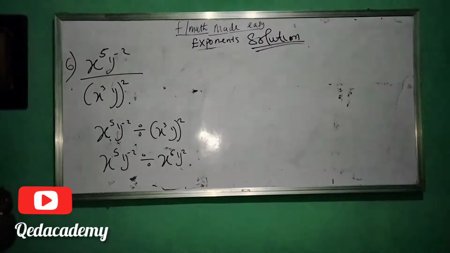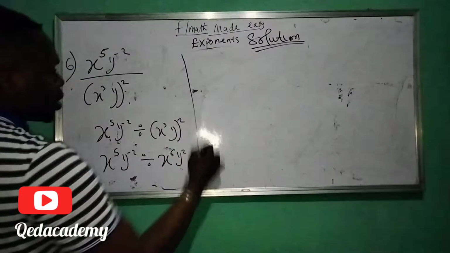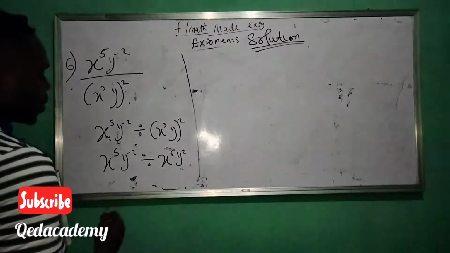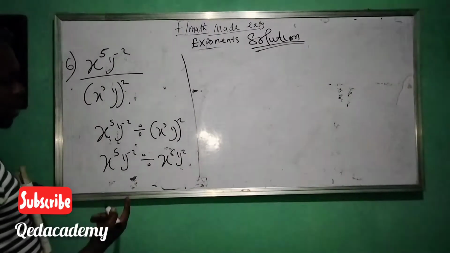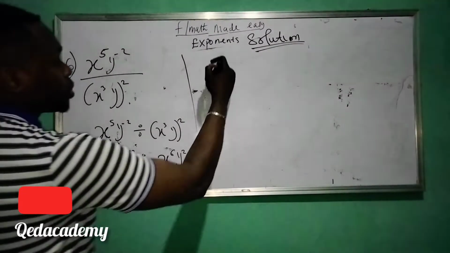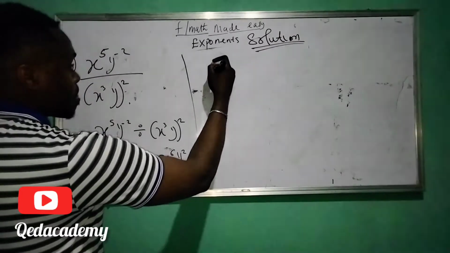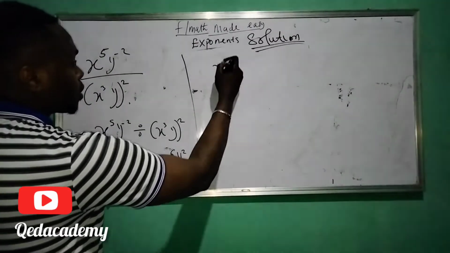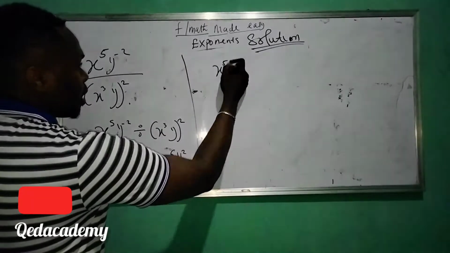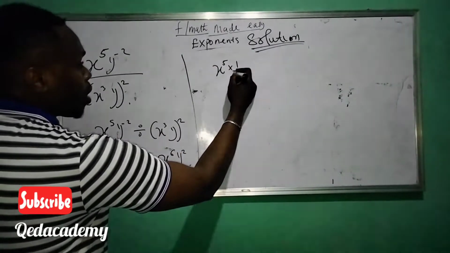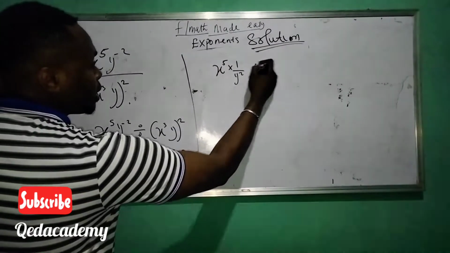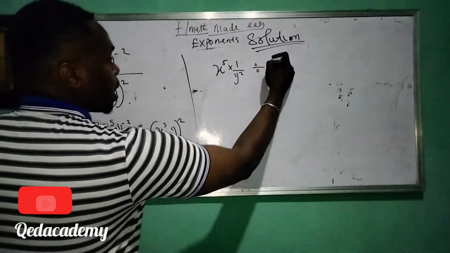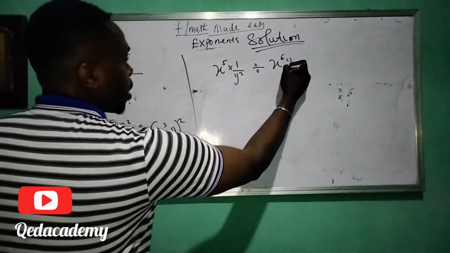This now becomes x raised to the power 5 times 1 over y raised to the power 2, divided by x raised to the power 6 and y raised to the power 2.